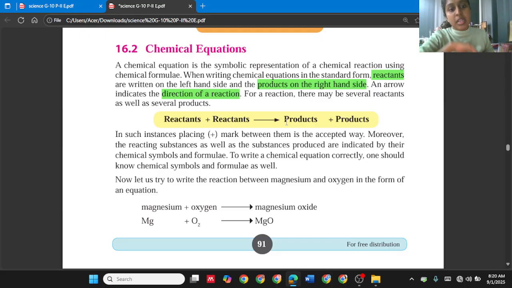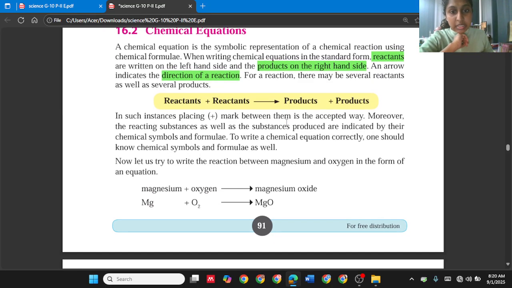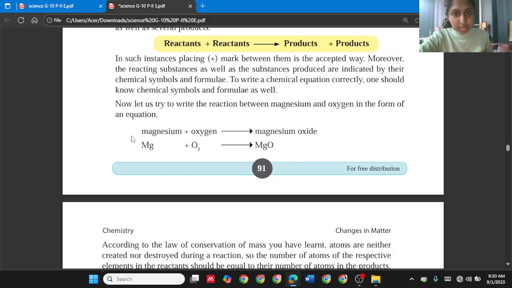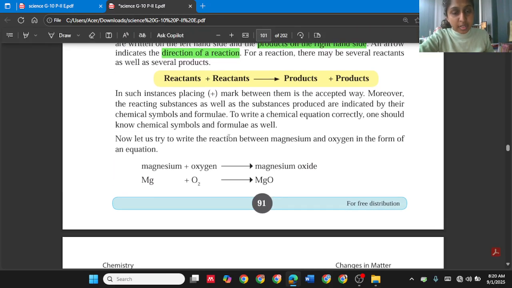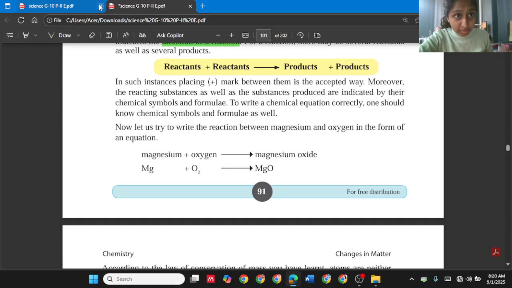Now let us try to write the reaction between magnesium and oxygen in the form of an equation. So here they teach you how to write an equation. Here you could see a well-known equation, magnesium plus oxygen gives magnesium oxide. So this is the direction of the reaction.